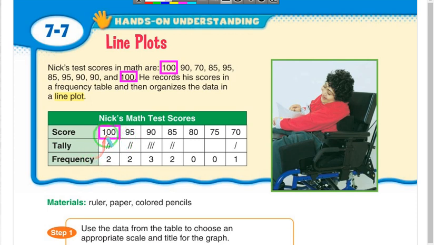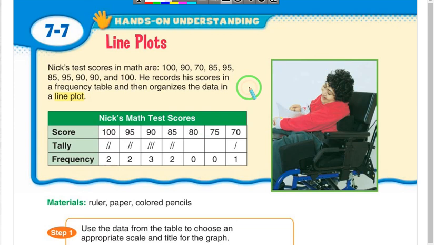The frequency of the number 100 is 2. So how many scores were 100? They are 2. Now we have 95, 90, 85, 80, 75, 70. So this is a frequency table. Please do care about it.